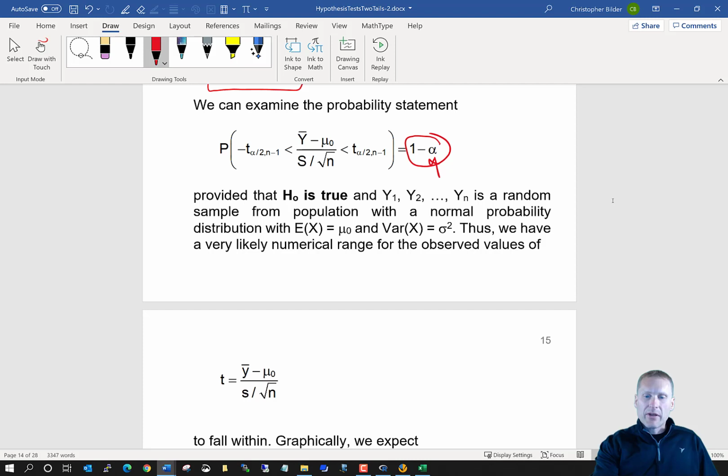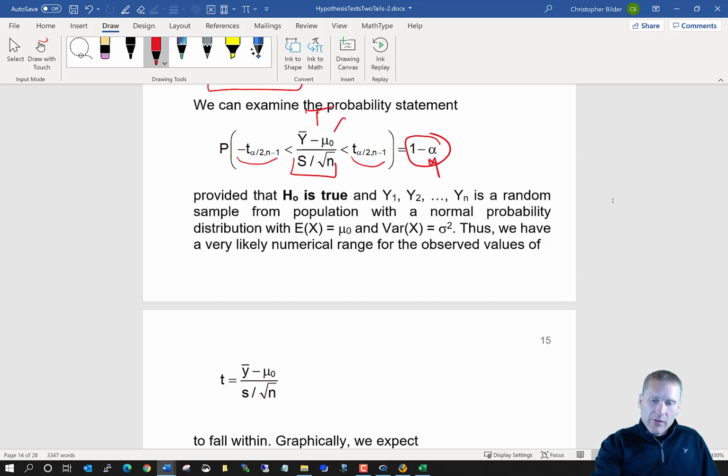Notice how alpha is appearing there. This value, this t, should be between a negative value for my t distribution, a positive value for my t distribution, or negative and positive quantile from the t distribution. We have a probability of 1 minus alpha that this is going to occur from one sample to the next.